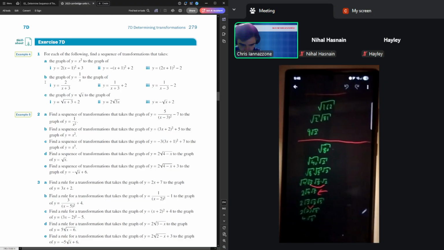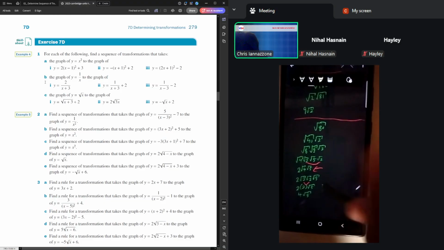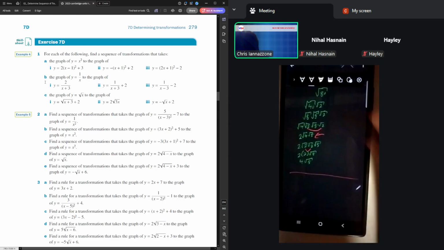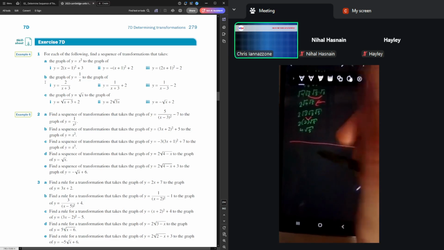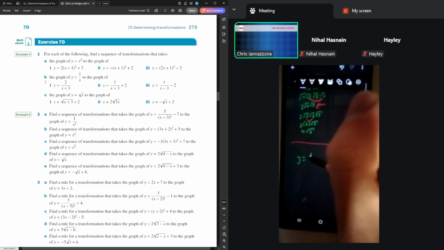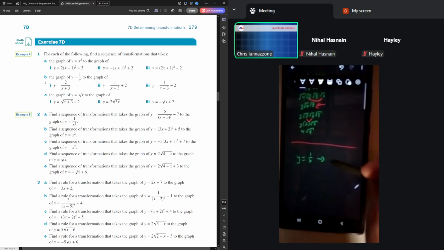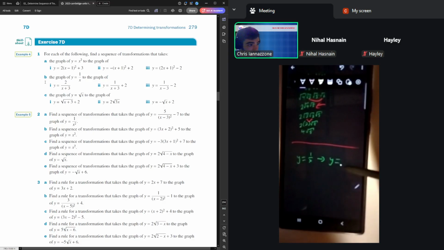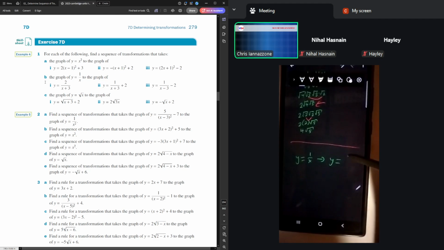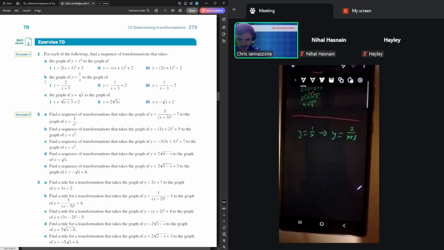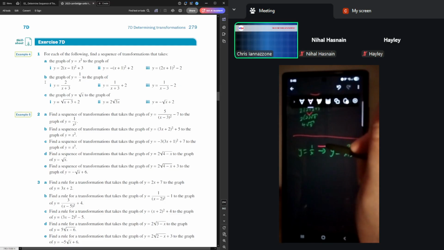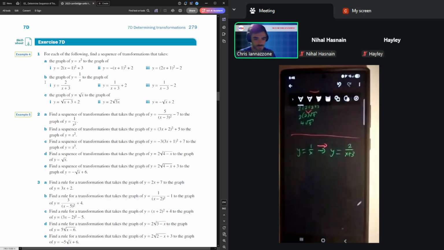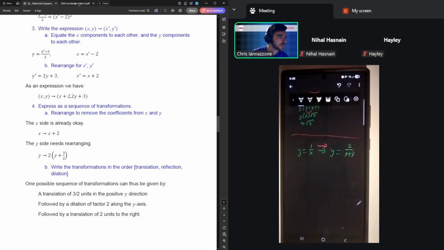Head over to the handwritten section. Okay, BI, we're going from y equals 1 over x to the graph of y equals 2 over x plus 3. From left to right is the order we're trying to do it in.